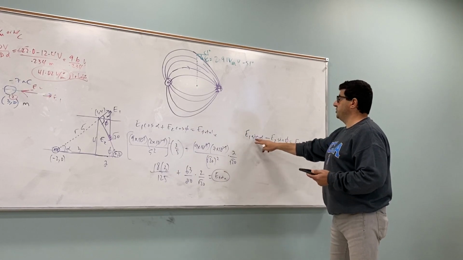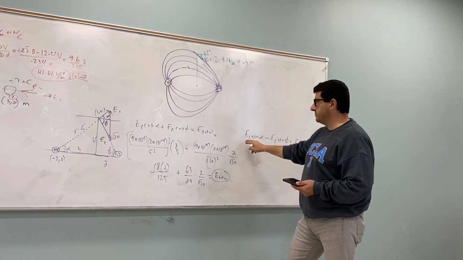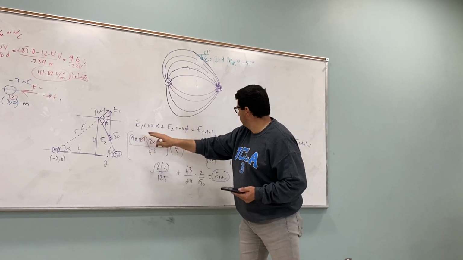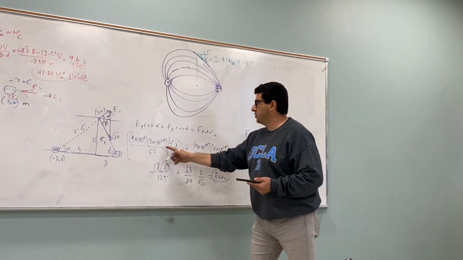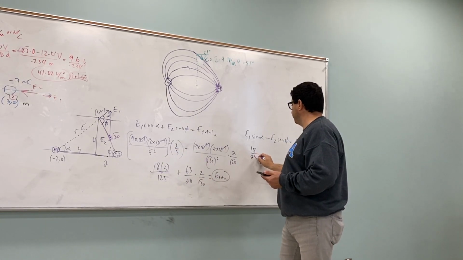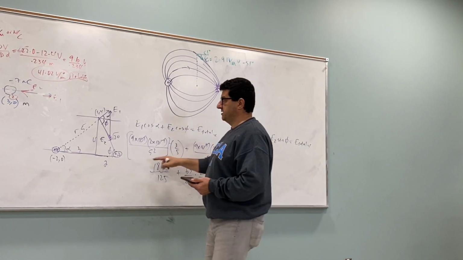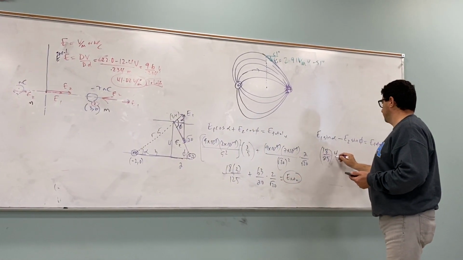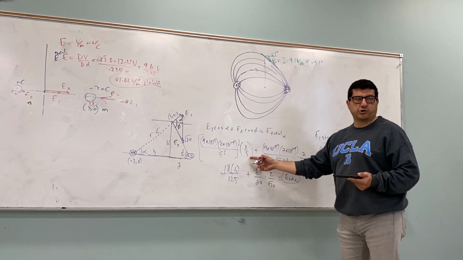Now E total Y, you subtract them. So some of these will be the same. This part will be the same, E1, so you're still going to get 18 over 25, except you're going to use sine of alpha, which is 4 over 5, instead of 3 over 5.